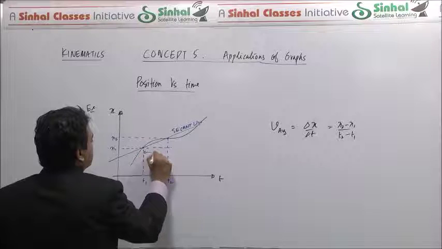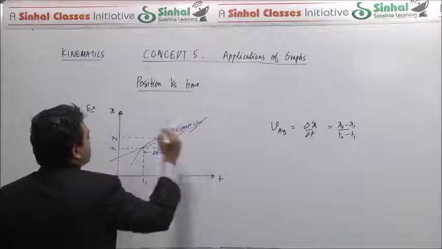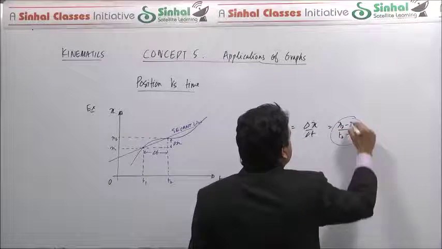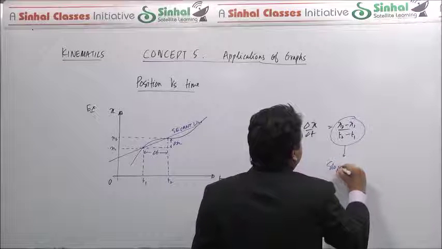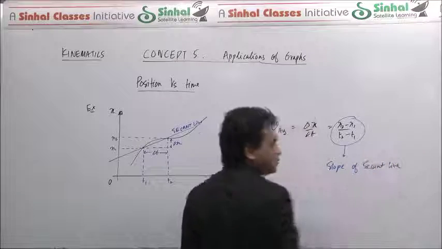This interval here is delta t and this interval here is delta x. So graphically, average velocity represents the slope of the secant line.